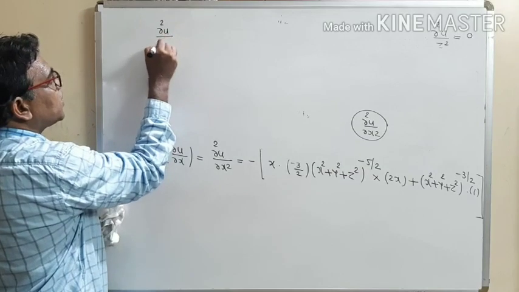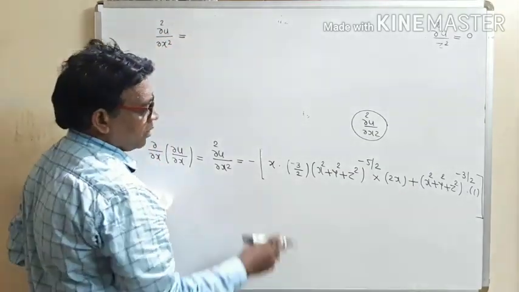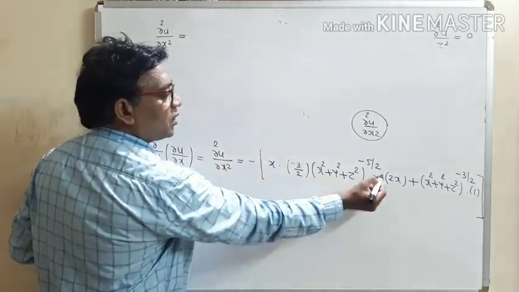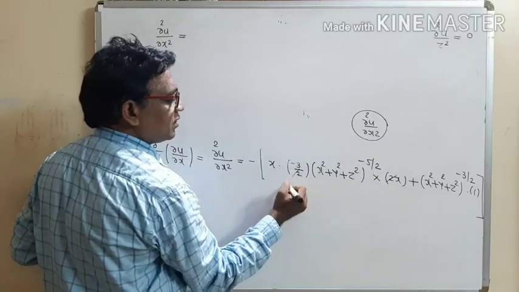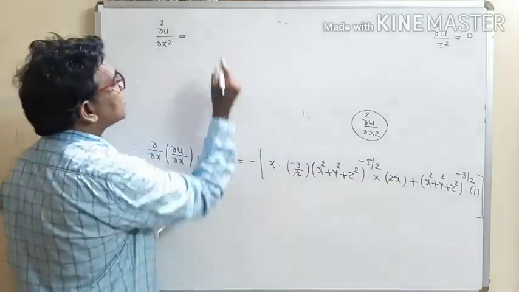So ∂²u/∂x², this is equal to... now minus minus becomes plus, it is the positive term. This 2 gets cancelled, and what is the remaining term? This is 3x and x, it is x².